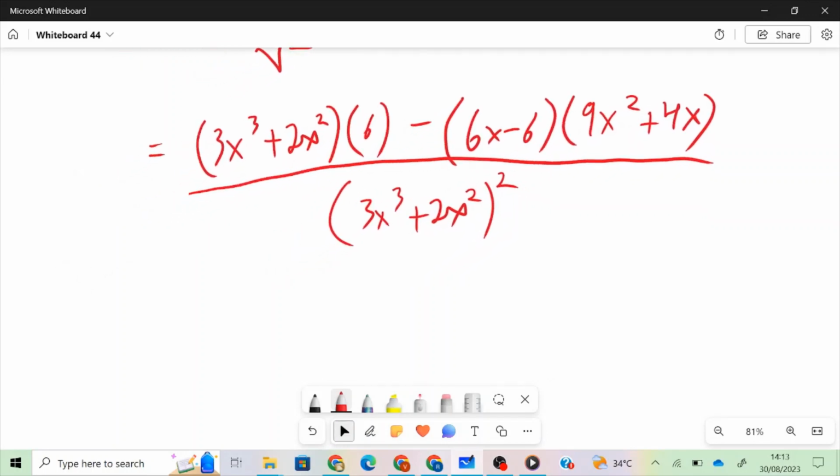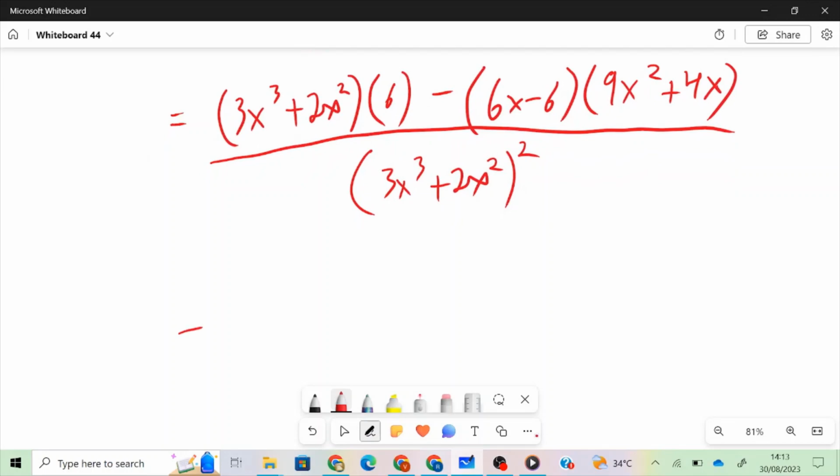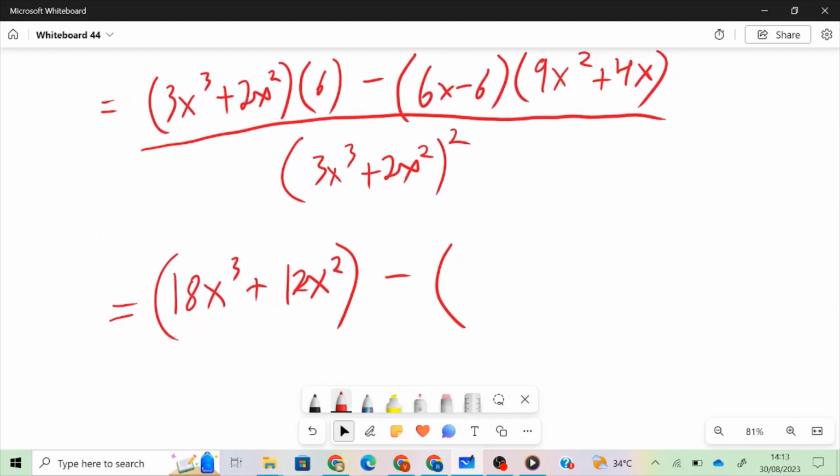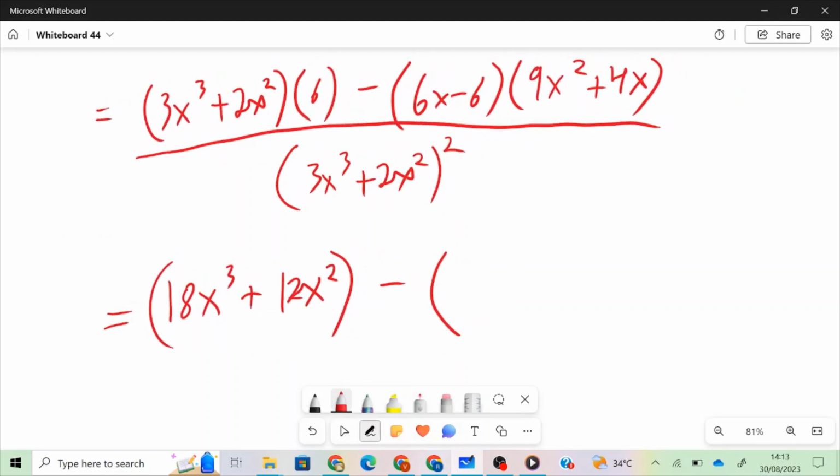Right, so we can collect our like terms from the numerator, or first actually we should expand it, sorry. First, upon expansion, we get 18x cubed plus 12x squared. Again, I like to put all of this in brackets. For some people it might not work, you might like it without the brackets. It's totally up to you, whichever one you're comfortable with.